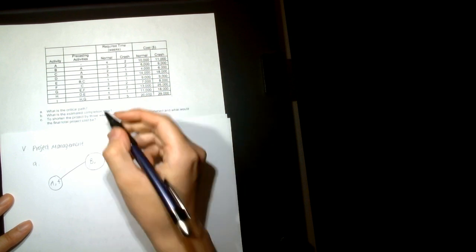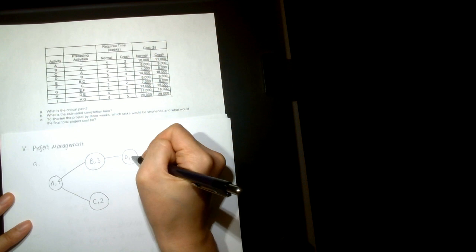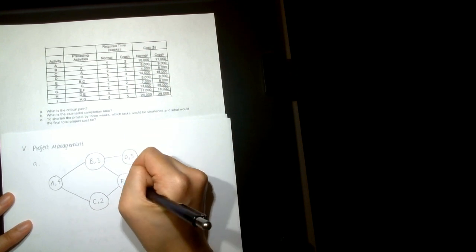So first we have activity A, which takes 4 weeks. Activity A precedes B, so B would be afterwards, and it takes 3 weeks. C is also preceded by A, and it takes 2 weeks. Then you have D, which is just preceded by B, and D takes 5 weeks. E is preceded by B and C, and it only takes 1 week.